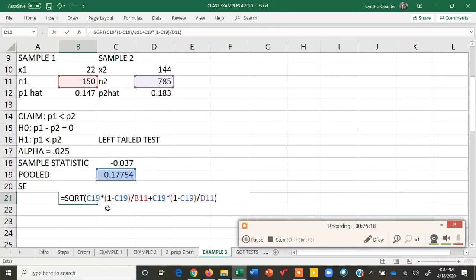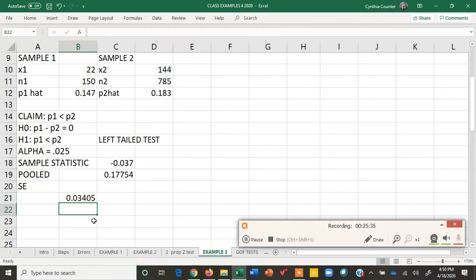I didn't point this out before, but these inner parentheses are in red, so the red parentheses are a unit and they're complete. And then the square root was marked with a black parenthesis, so this black closed parenthesis is the one that corresponds to that black open parenthesis. Okay, so here is our standard error, 0.034.